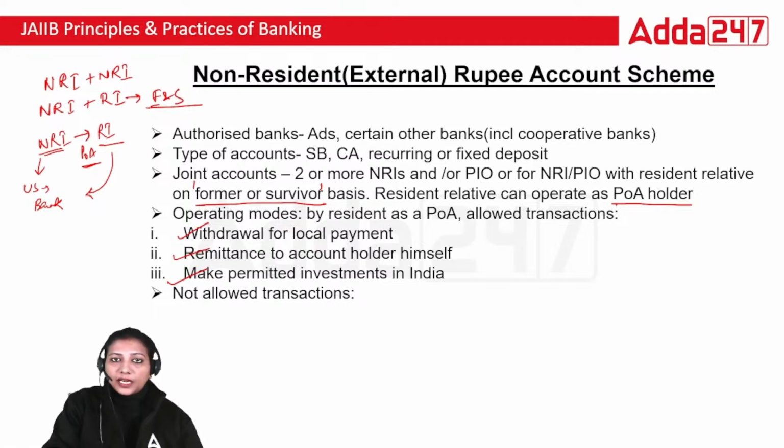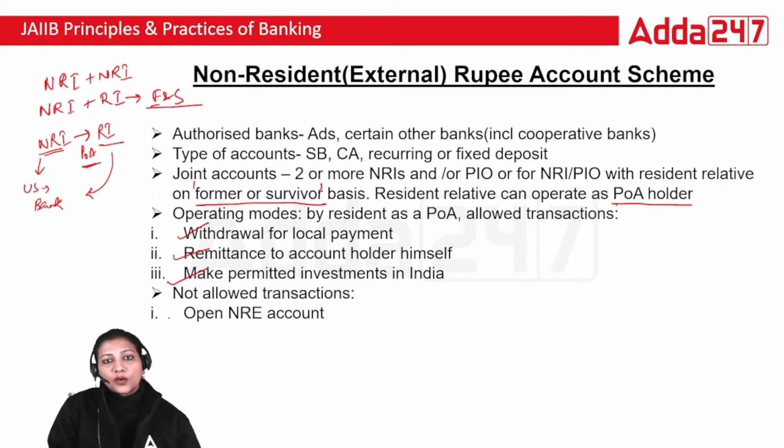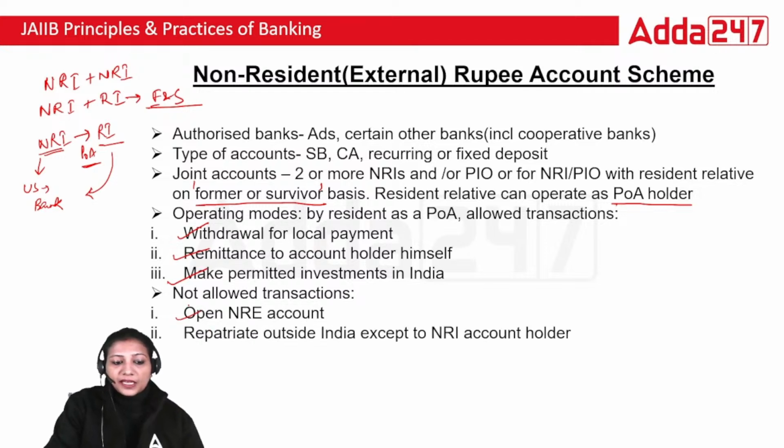What is not allowed? The POA holder will not be allowed to open an NRE account; he himself cannot open an NRE account. Second, repatriate outside India except to the NRI account holder. As I told you, if the NRI has an account in a US bank, then the resident Indian who is the power of attorney holder can transfer the amount only to his account.